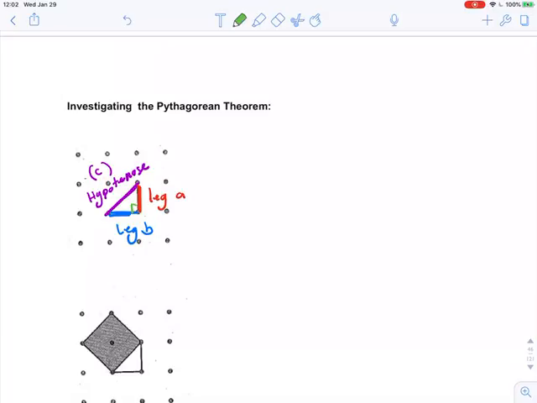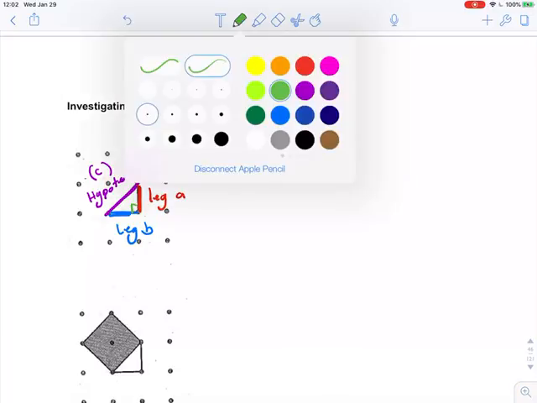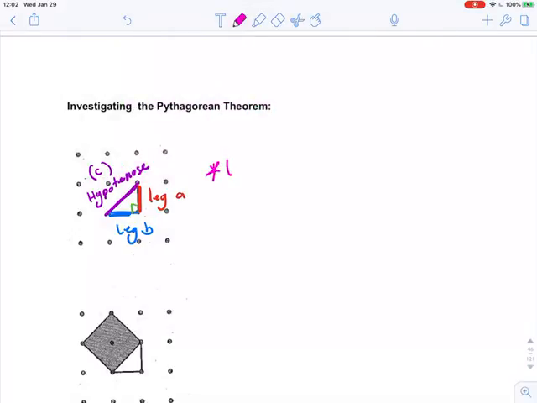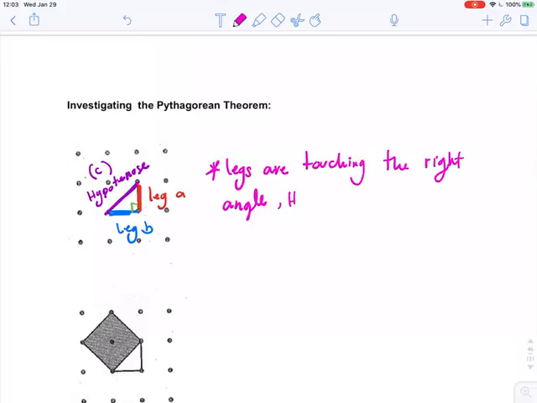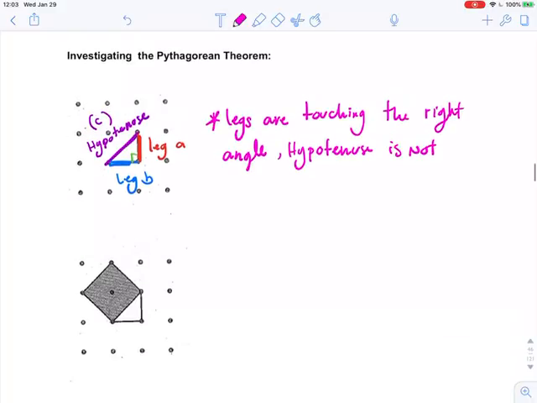Our legs are attached to the right angle. Some side notes: legs are touching the right angle. The hypotenuse is not. Legs are your shorter sides.